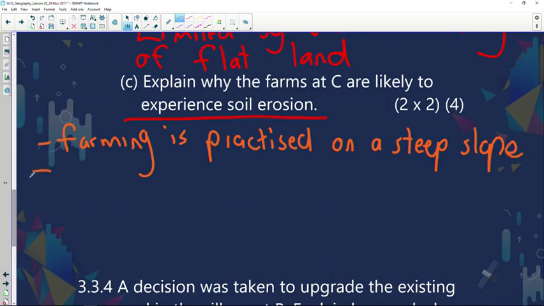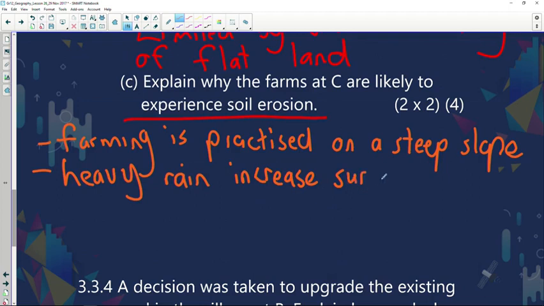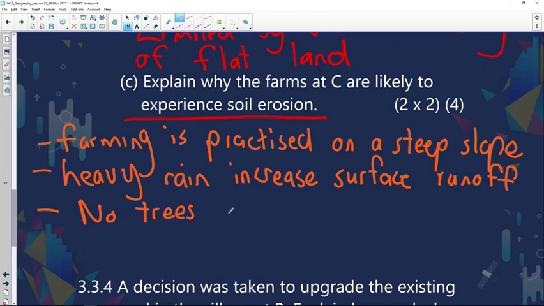Now, as you can see, there was cloud cover, it showed precipitation. The heavy rain will increase surface runoff. And there's no trees being planted to trap the runoff.